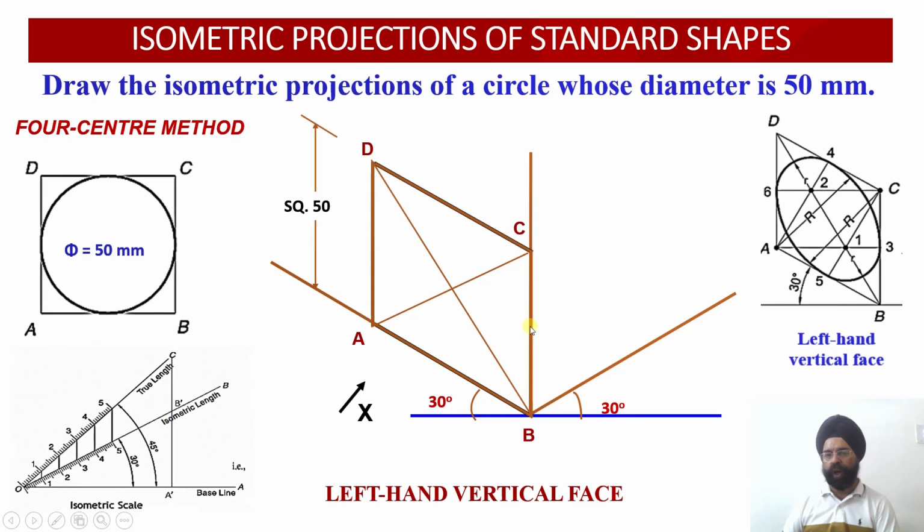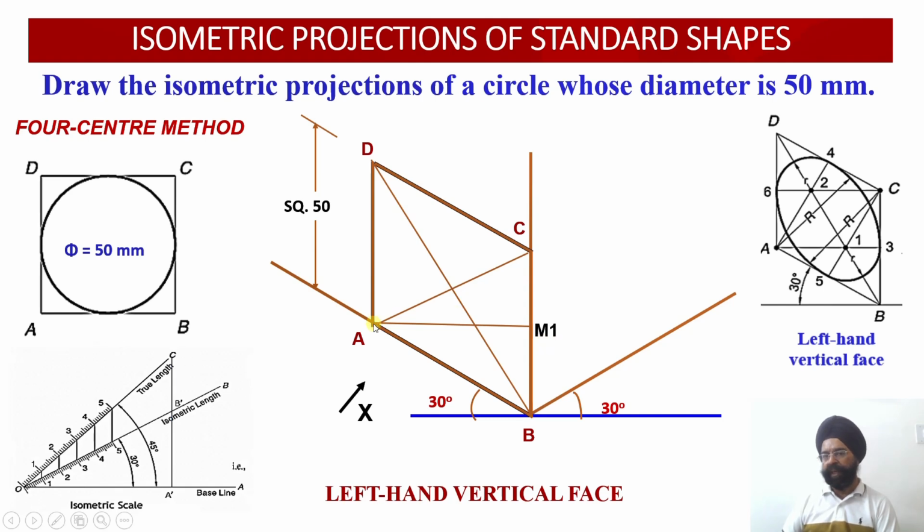Then from the shorter diagonal, from this corner A, I am going to draw a construction line which will meet the midpoint of the edge BC of the square. The first point I have named as M1.